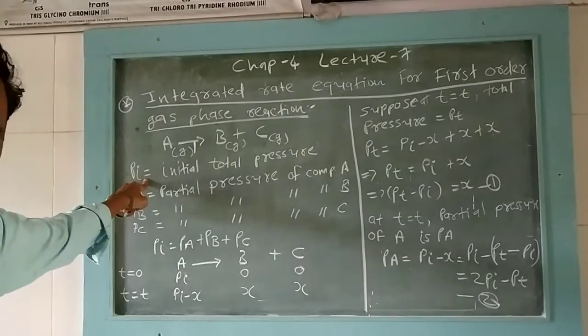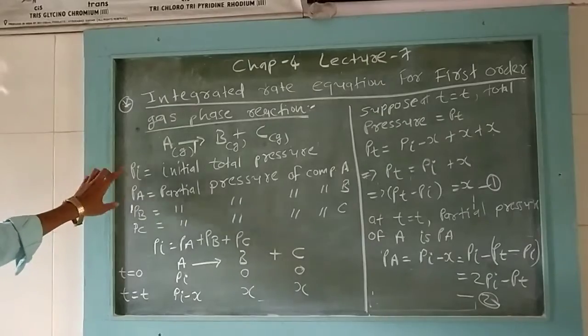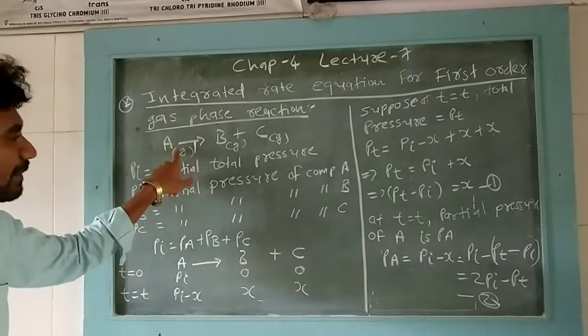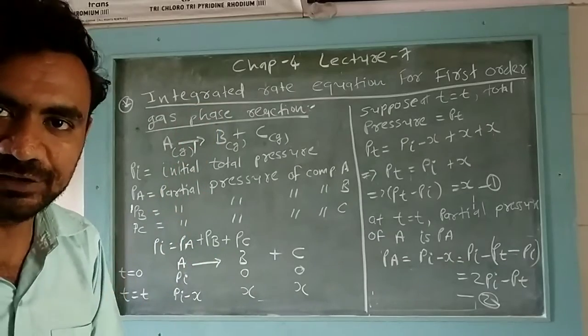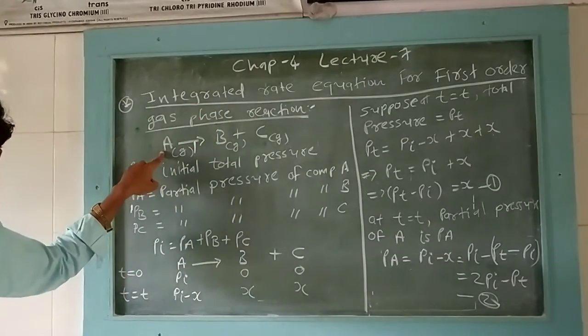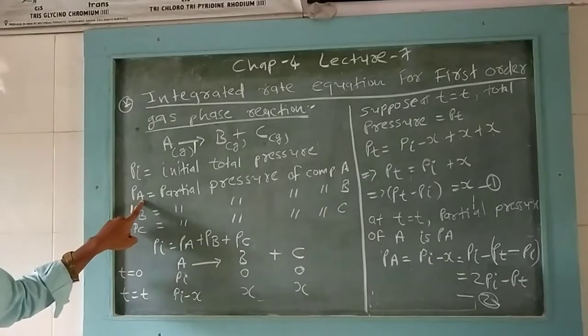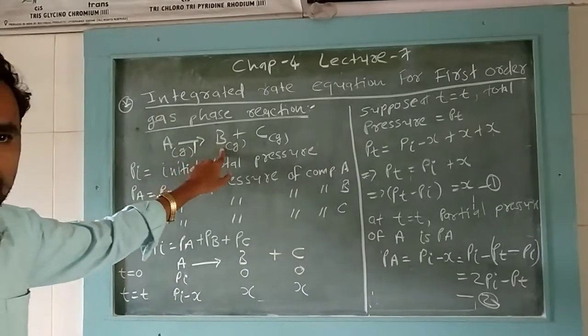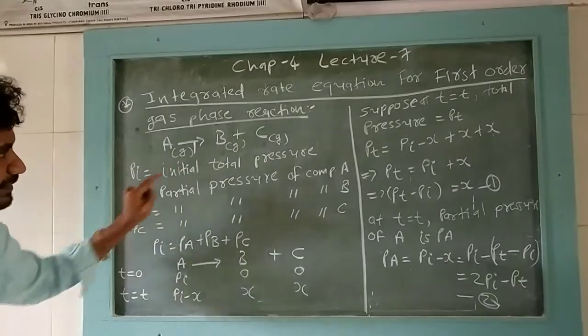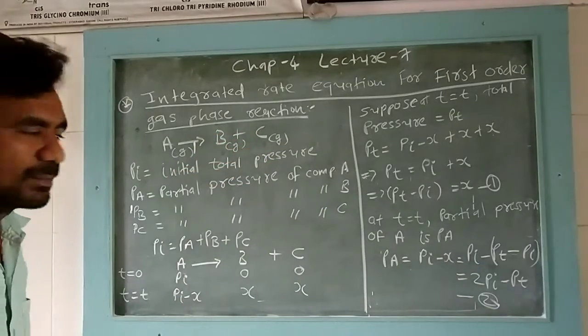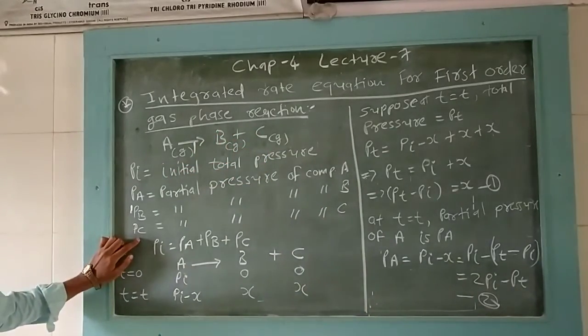At initial stage, the partial pressure of component A, the pressure of component A only, is Pa. Similarly for component B, the partial pressure is Pb, and for component C, the partial pressure is Pc.